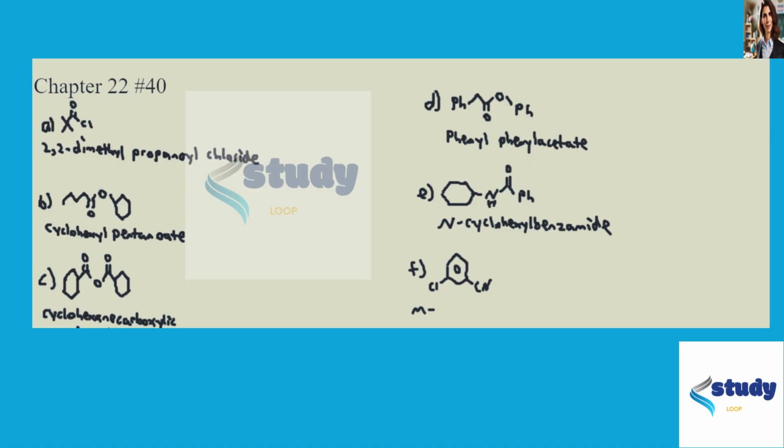So it's going to be m-chlorobenzonitrile. And so this tells us it's a benzene ring with a chlorine and a nitrile substituent, and that their relationship is meta to one another.